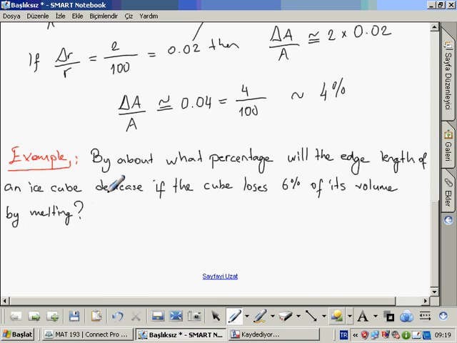In this question, ice is melting, and of course it loses some volume, and what is the percentage? What can we say about the edge length of the ice cube? Let me solve it.